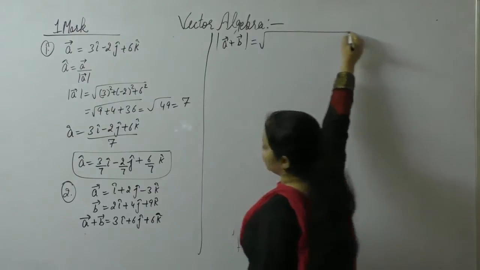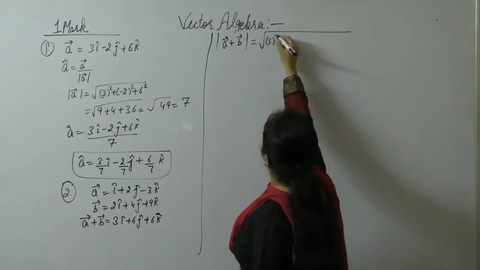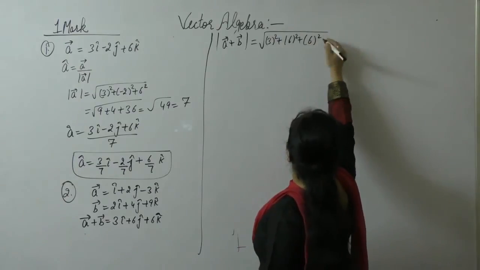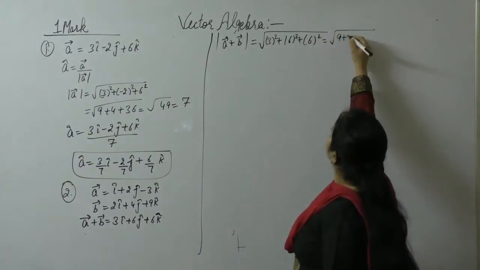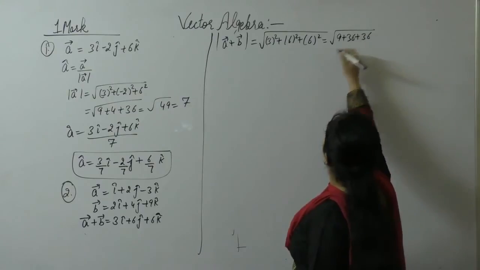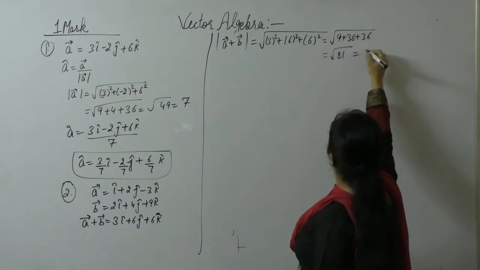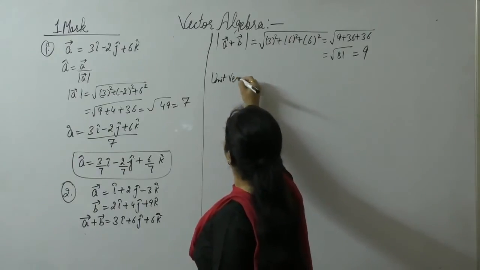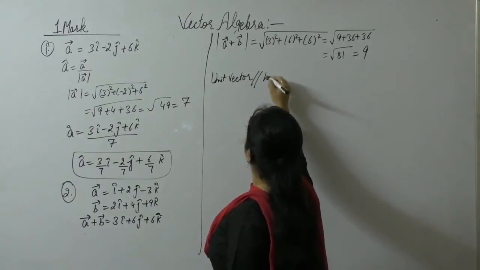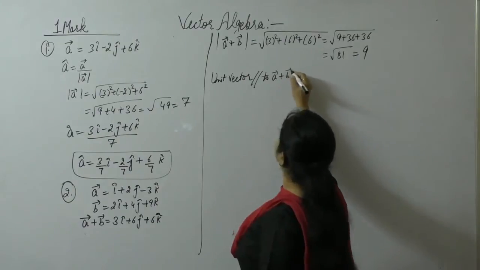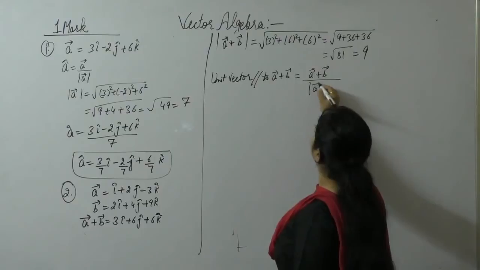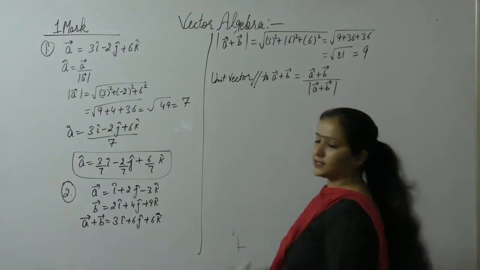First find the magnitude. 3 square plus 6 square plus 6 square, 9 plus 36 plus 36, it is 9. Now the unit vector parallel to A vector plus B vector is A vector plus B vector upon the magnitude of this.